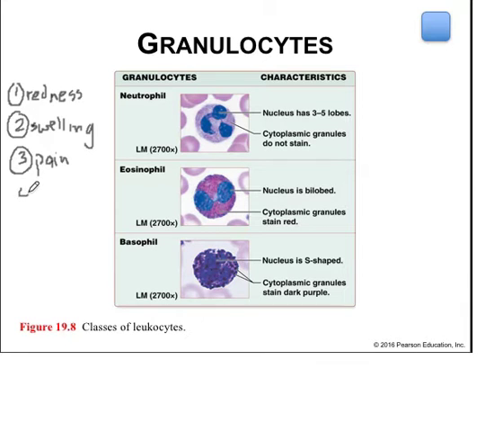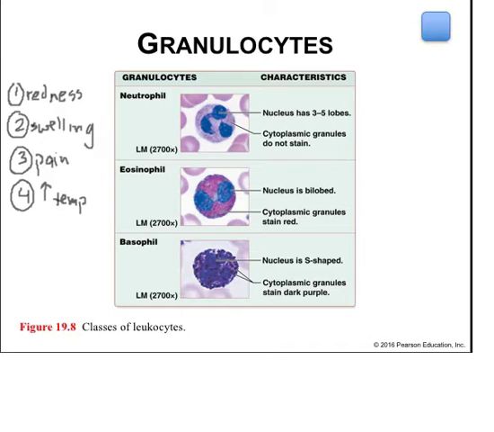And 4, an increase in temperature, sometimes called fever. And all of these processes are designed to bring blood to the area. With the blood come the white blood cells. With the white blood cells come the ability to fight the pathogen and repair the tissue damage.